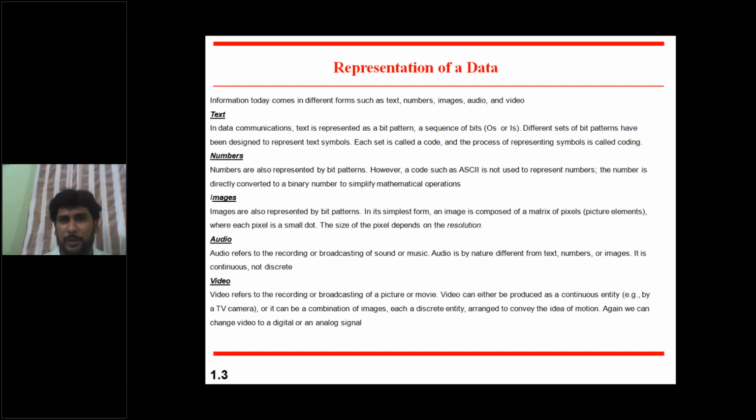Now, do we just send images, text, or numbers? No, we exchange a lot of videos, right? We try to share some short jokes, and sometimes some songs or some skits. We try to exchange a number of videos among us, right?